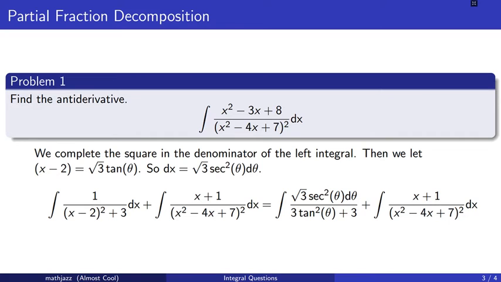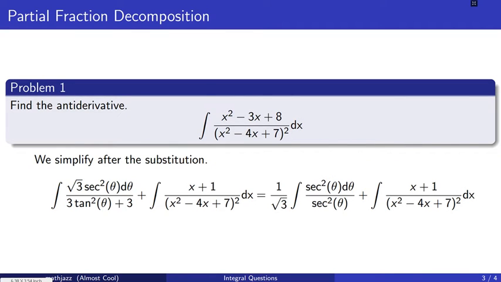So this integral on the far left becomes the integral on the left side of the right-hand side of the equation. We plug in our dx and our square root of 3 tangent theta appropriately, and we get this that looks harder at first, but we will see that we get some cancellation.